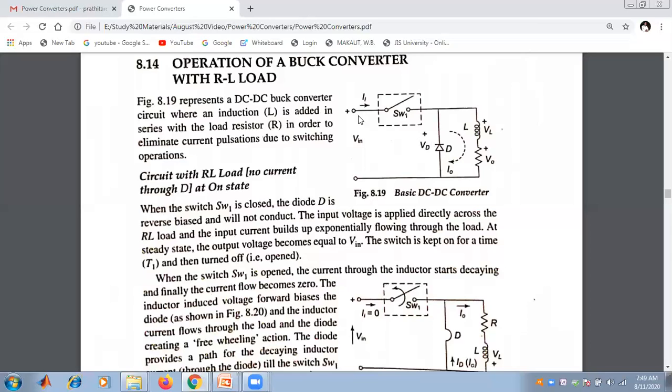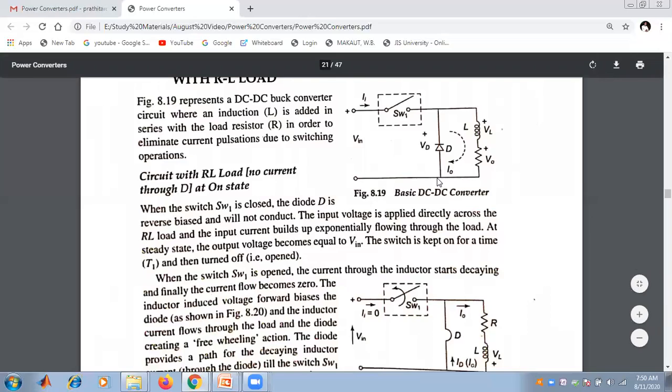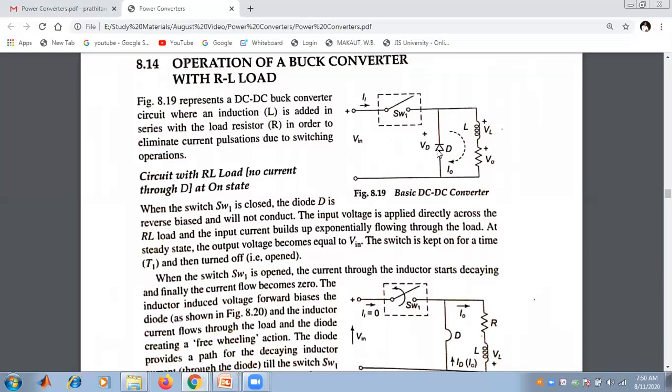Now, when the switch is closed, this is the positive part of the voltage and this is the ground part. So this positive part will arrive here. At that position it is positive, and this side is at ground potential, or we can say negative. So if N is positive and P is negative, this is called the reverse bias situation of a diode, and the diode will act as an open circuit during the reverse bias situation.